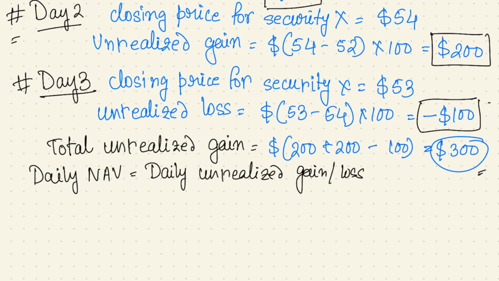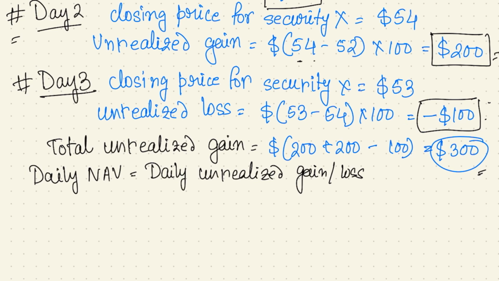On day 1 you are calculating NAV, so you will take $200, which has gone up, so that is going to impact your NAV positively. Again on day 2 you will only take $200, you won't take 54 minus 50, total 400, because out of that 400, the 200 NAV impact you have already taken on day 1. And again on day 3 you will only take negative $100, which is going to impact your NAV.